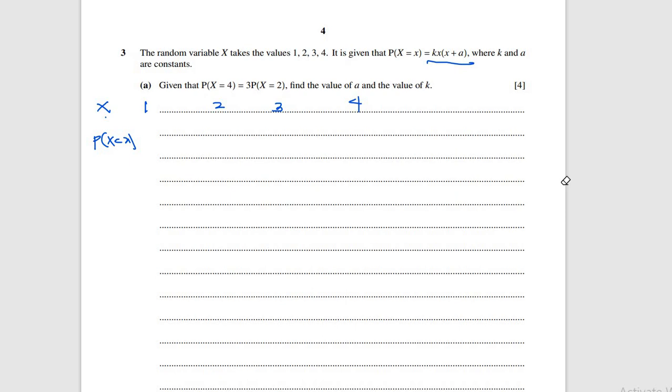Let me take it one by one. Let me start with 1. When x is 1, it will be k times 1 plus a. It gives me k(1 + a).